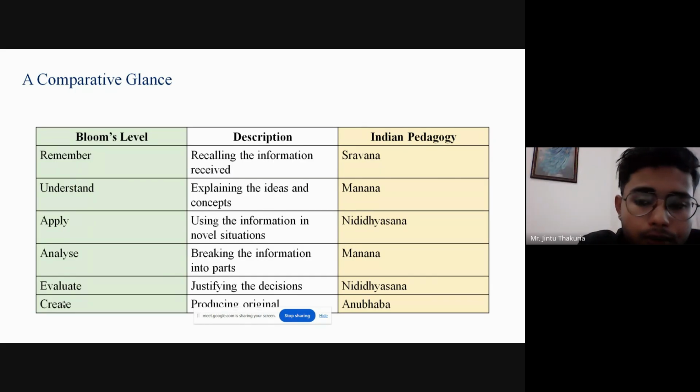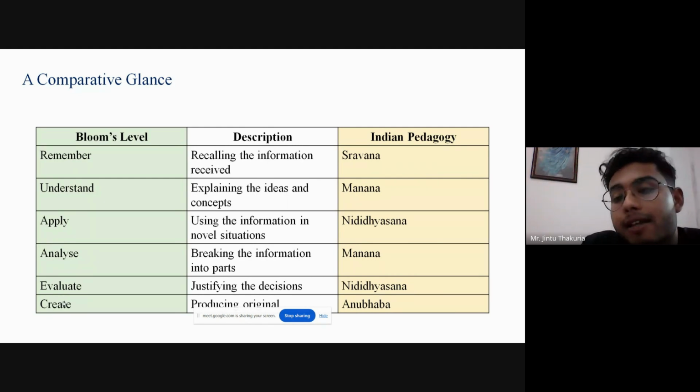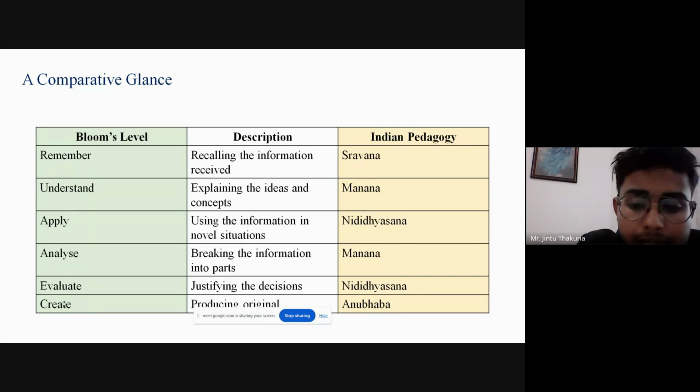Even when we give them an assignment, they just copy from ChatGPT, right? But why do we give them the assignment? So that they can have a deep understanding of the topic, so that they can develop their critical thinking capacity and their analytical capacity. If we have to develop that, then we have to follow these levels.